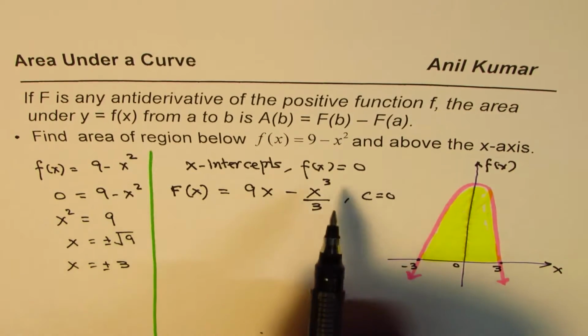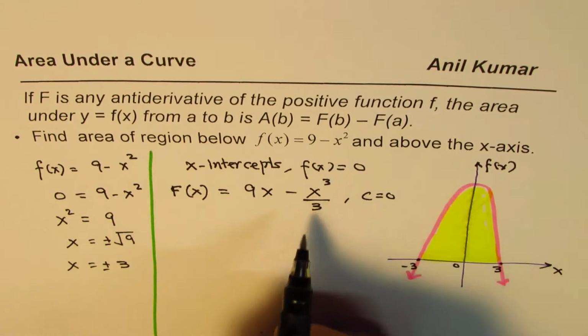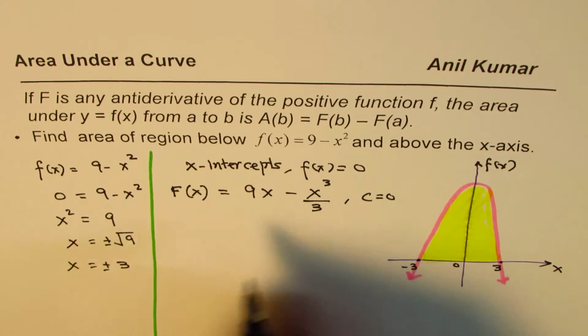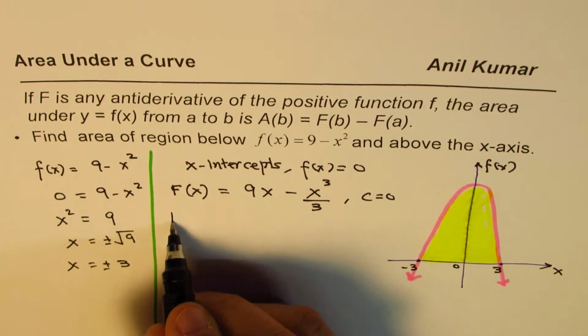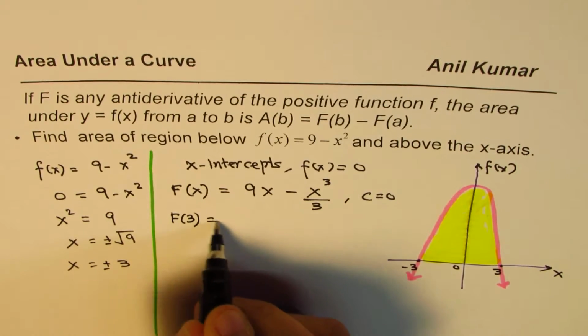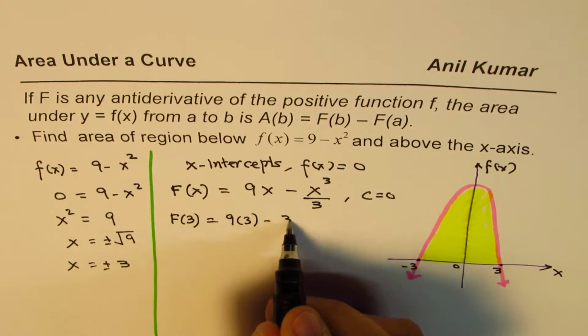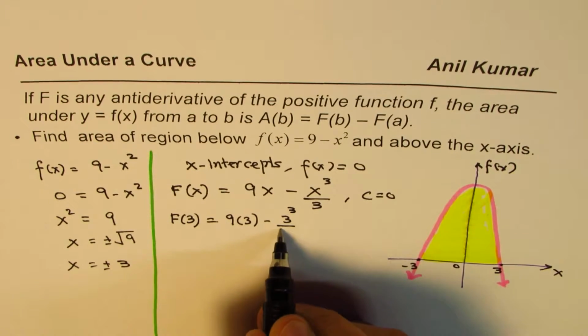Perfect. Now to use this formula, since the interval for us is between minus 3 and plus 3, F of b is F of 3 for us, so we'll find what F of 3 is. We'll substitute here 9 times 3 minus 3 cubed over 3, right?